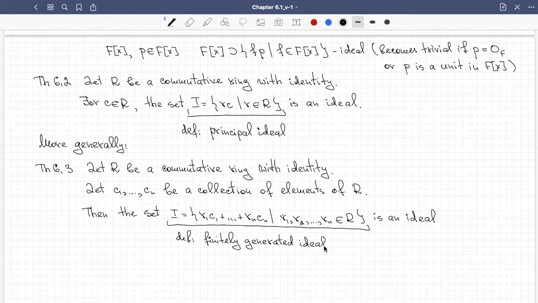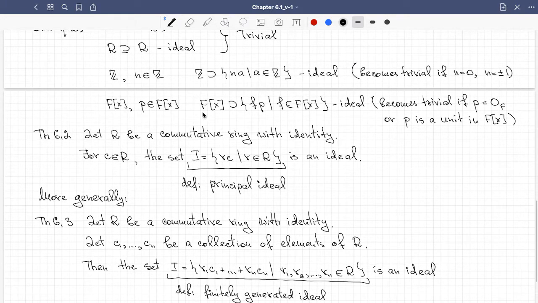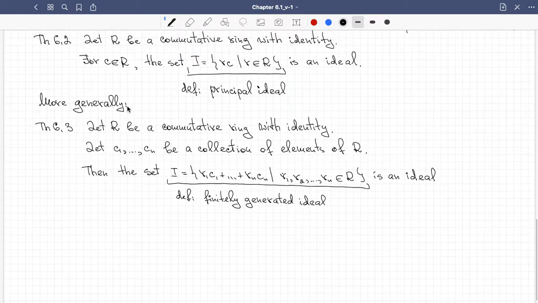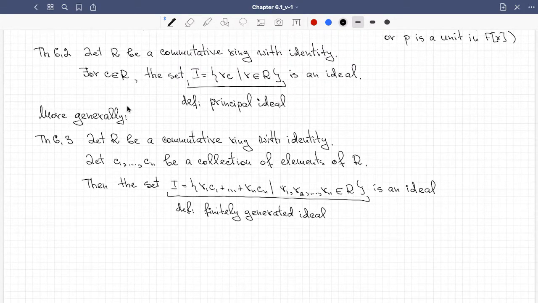So you may read the proof of this last theorem, and then, oh, this theorem is a special case when n equals 1. These examples are special cases when R is either Z or the ring of polynomials. So I will not repeat the proof from the book here.